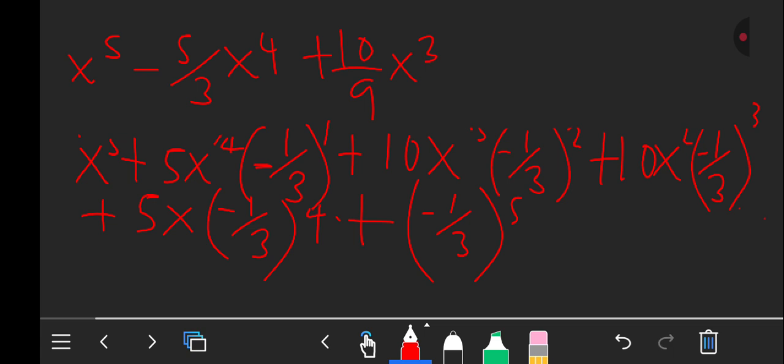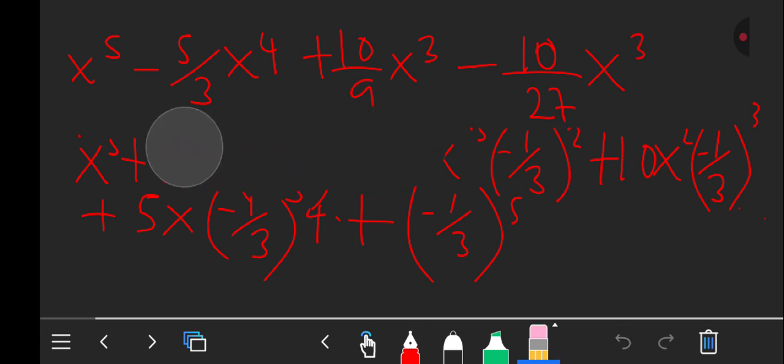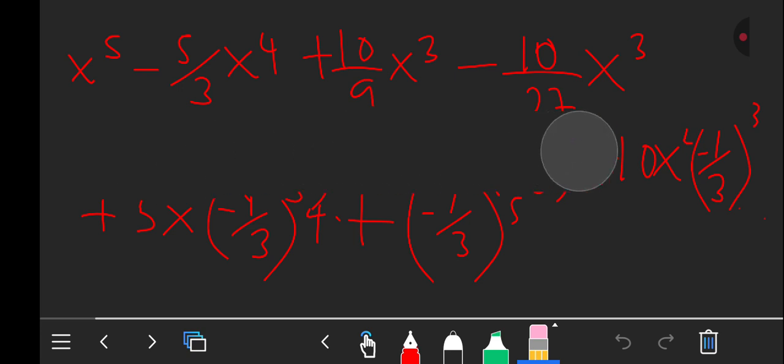Then we come to this one, negative 1 over 3 raised to the power 3, that is negative 1 over 27 times 10, so that is negative 10 over 27, then x to the power 2.